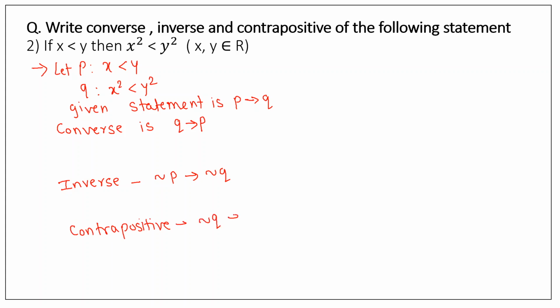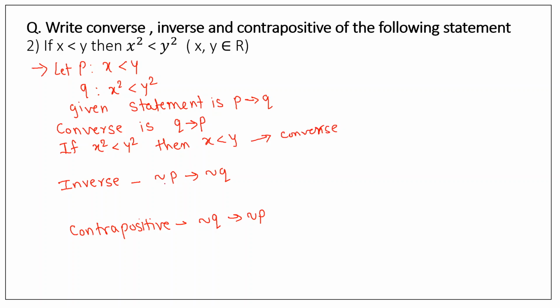Negation Q implies negation P. Now this is the symbolic form, and we have to write them in words. So Q implies P is: if X square is less than Y square, then X is less than Y. This is the converse.